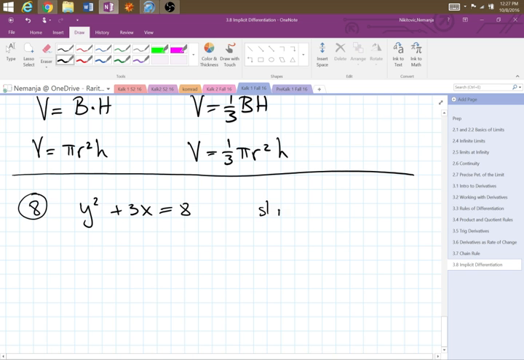It asks what's the slope at (1, square root of 5)? So it's asking for the slope of the tangent line at (1, root 5).